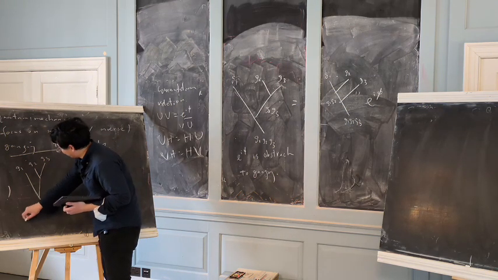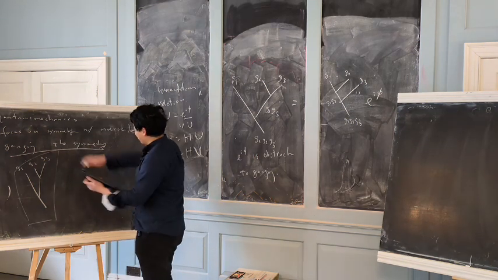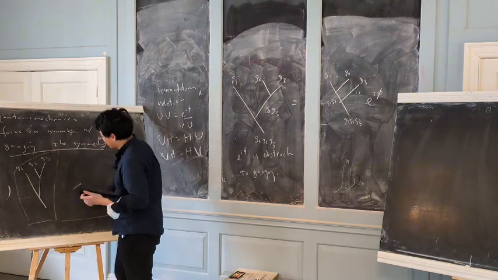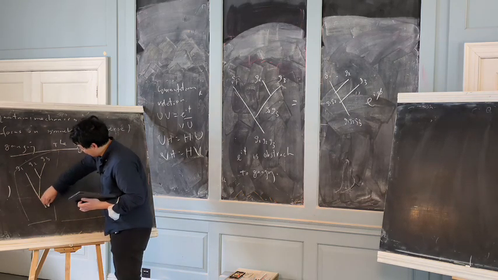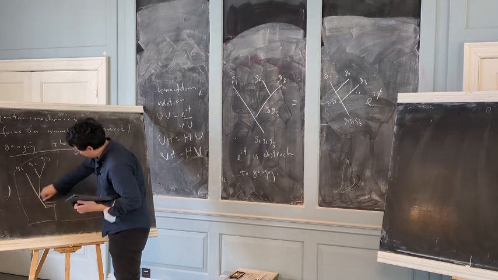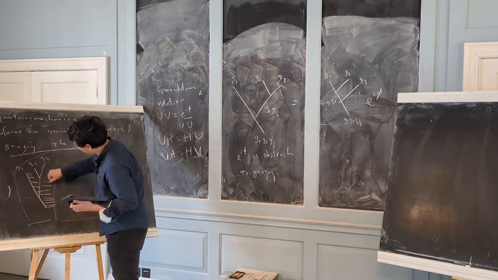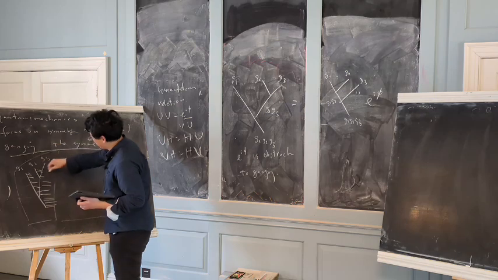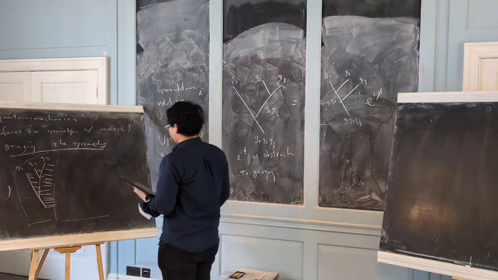Imagine this is a plane here, and then it extends into the bulk. All the lines will extend to a domain wall in the bulk. Not sure about the drawing, so you can try to imagine in your head that all those lines are extending to be a surface inside the 3D bulk.